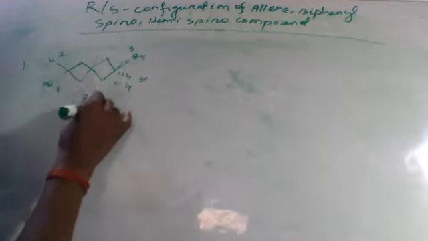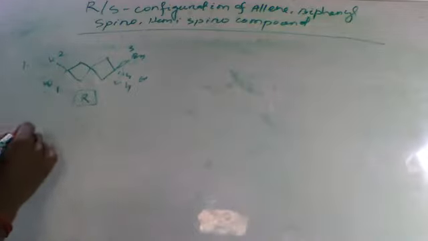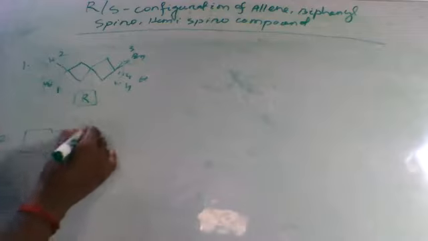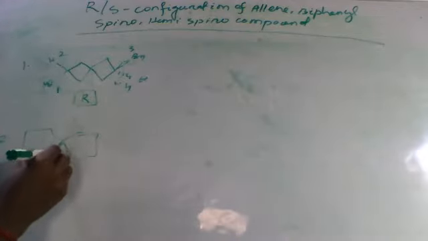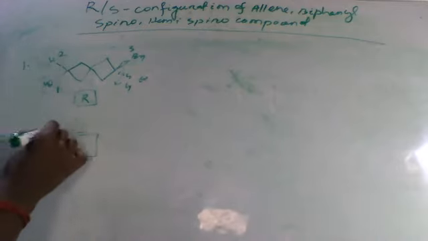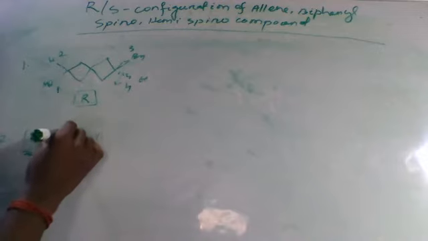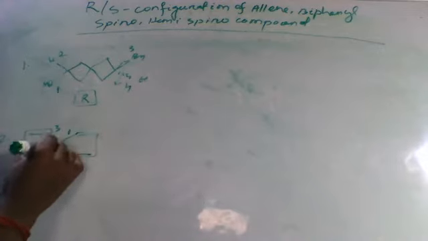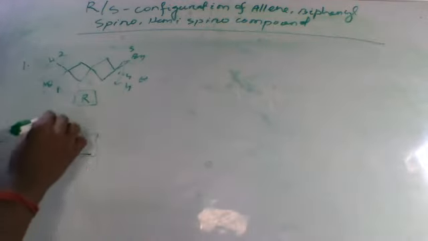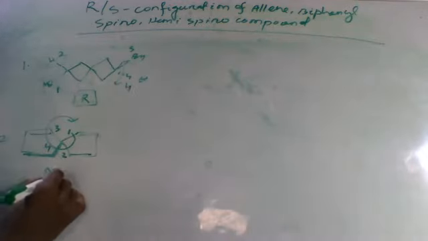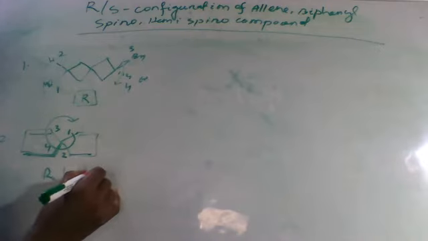This is R configuration. Second one, this bond is above, and these two bonds are in one plane, 1, 2, 3, 4. Here the fourth priority is above the plane, so 1, 2, 4, 3. This is R but S configuration, because the fourth priority is above the plane.